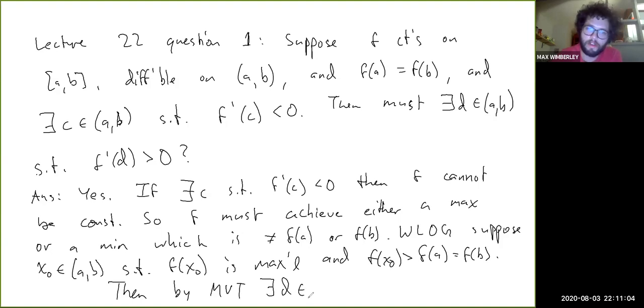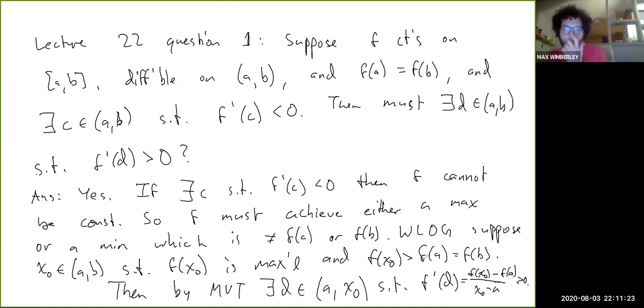There's a d in (a, x naught) such that f prime of d equals f of x naught minus f of a over x naught minus a, which is greater than 0. Okay, so actually, let's not even do this without loss of generality. Let me also show you the case for a minimum, right?